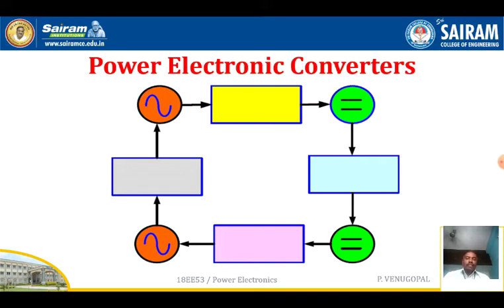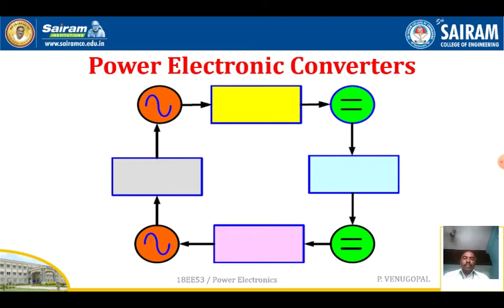Next is DC to DC, which converts a fixed DC into a variable DC. This is called a DC to DC converter, and it is also called a chopper. Next, DC is converted to AC: the fixed DC is converted to alternating AC. This is called a DC to AC converter, nothing but the inverter.